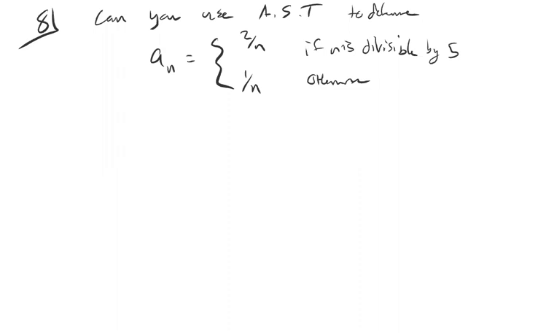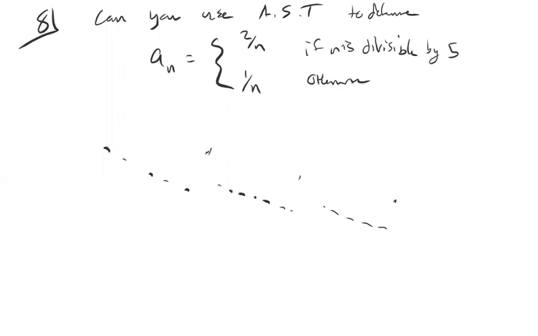So really all I was trying to get you to see with this one is that no, we can't apply the alternating series test to this because it doesn't decrease. It decreases for a little while, and then it jumps up, and then it decreases for a little while, and then it jumps up.